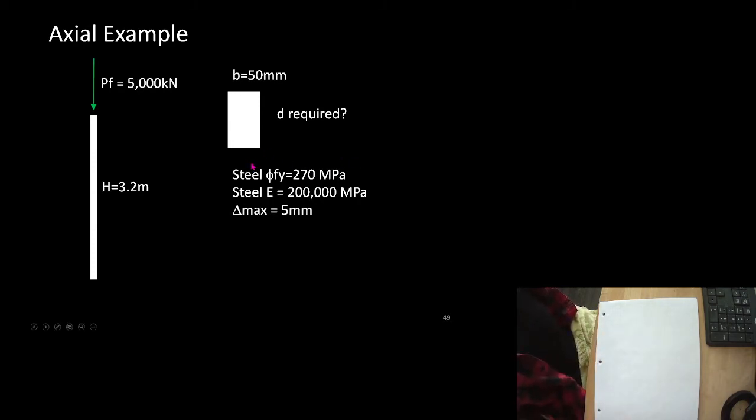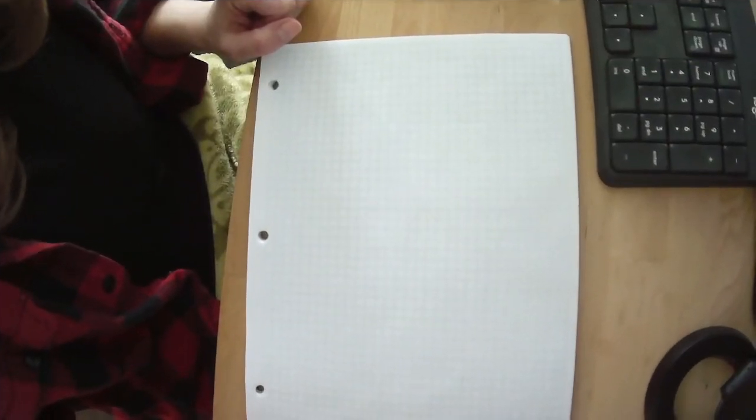So instead of 350, I am giving you this as 270 MPa is the maximum stress we want to see on this object. Okay? So we know that our steel E is 200,000 MPa, and we've also been told the maximum deflection we can see is 5 millimeters. Okay, let's make me big, and we want to find out what the D required is.